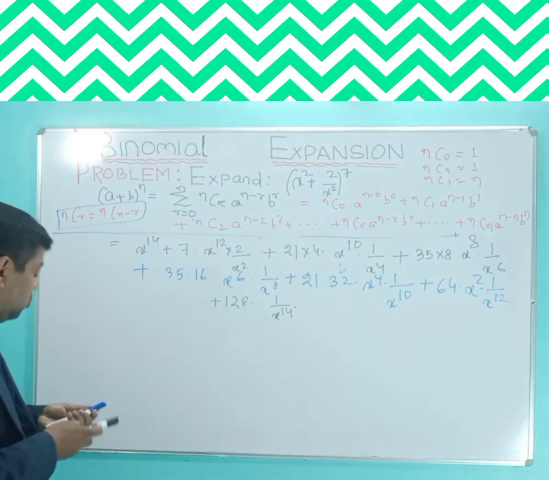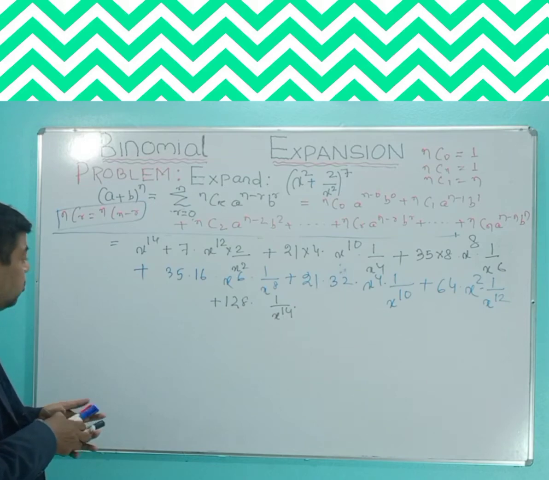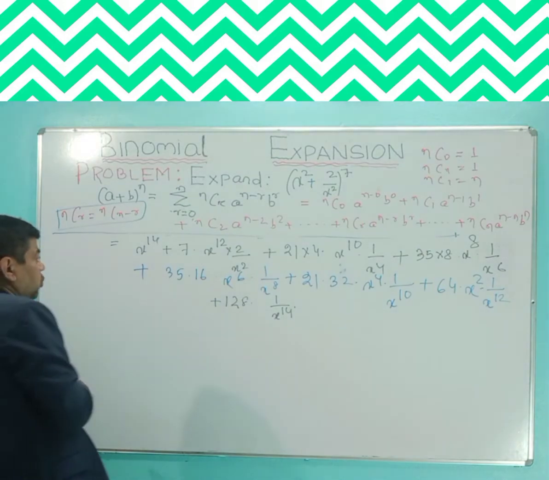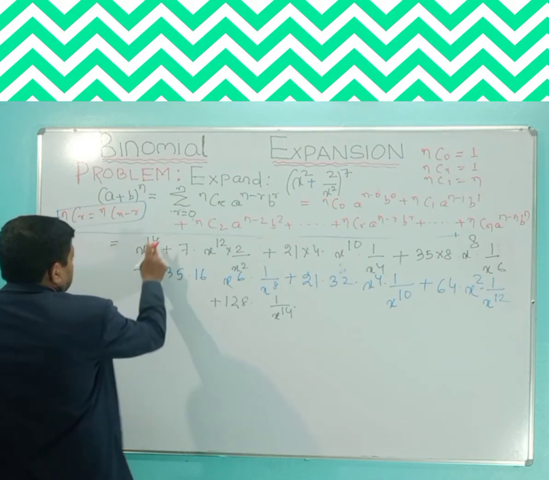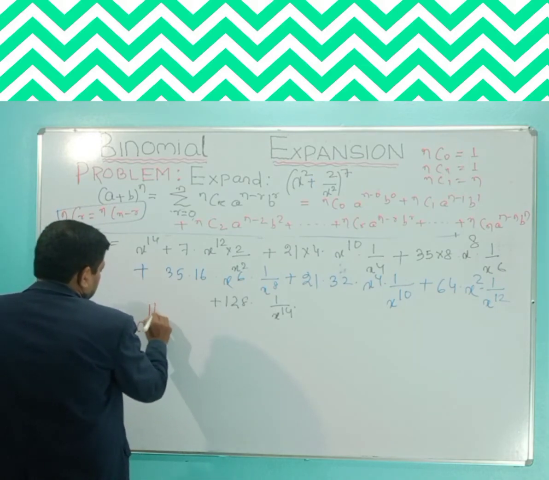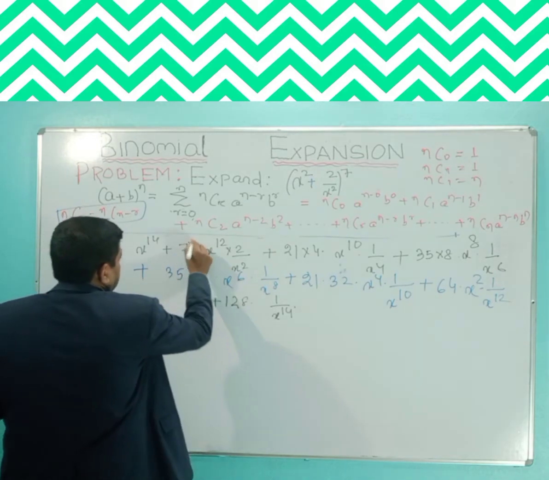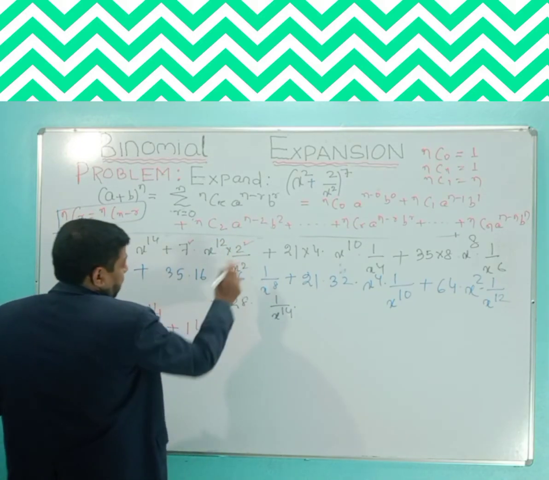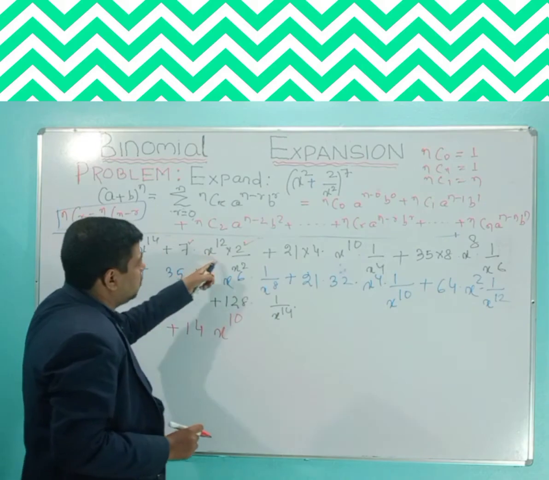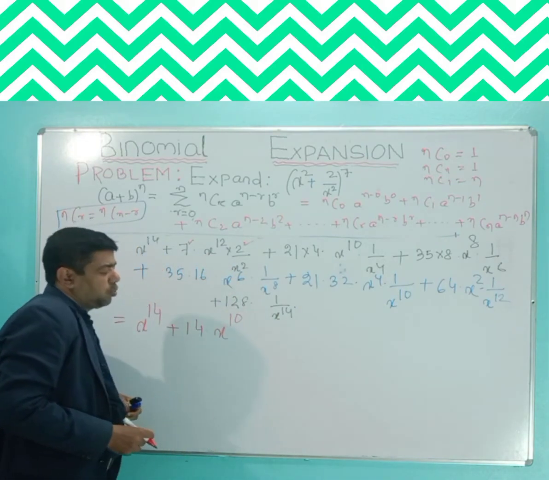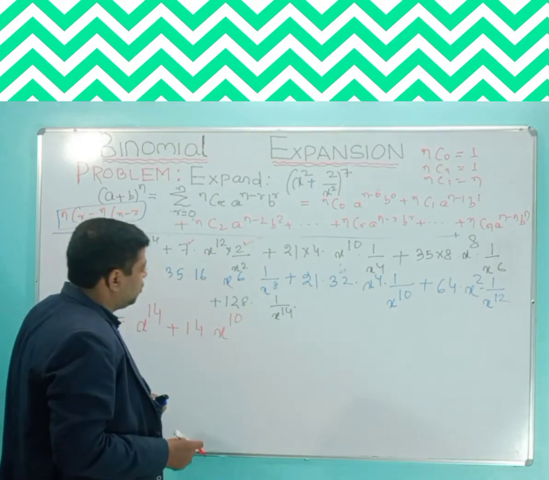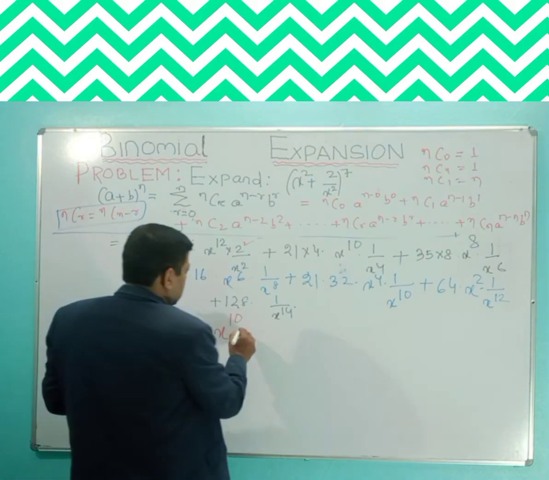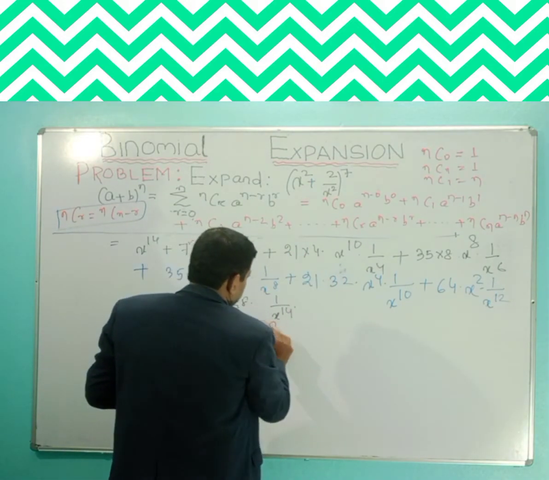Okay, so after that let us find out the more simplification is required. You see now x to the power 14 plus 7 here 2, 7 to the 14 into x to the power here 12 minus 2 is 10, x to the power 12 by x square, which is x to the power 12 minus 2 according to laws of exponent, which is 12 minus 2 is 10, plus 21 into 4 is 84.